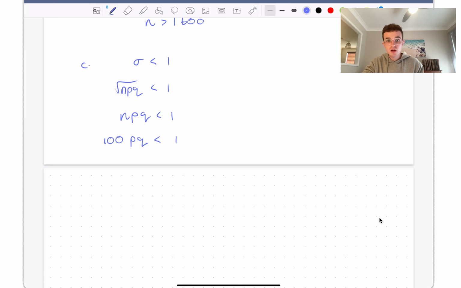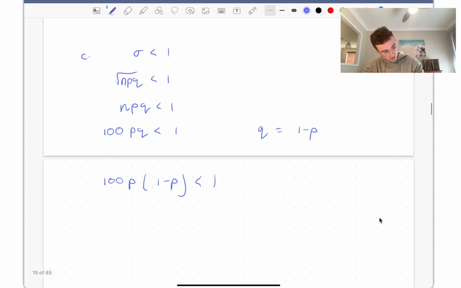So we want to try and solve this inequality, or inequation as I say, for p. Let's get rid of q by realizing that q is 1 minus p. So this is 100p times 1 minus p is less than 1, which means we're solving the quadratic 100p squared minus 100p plus 1 is greater than 0.